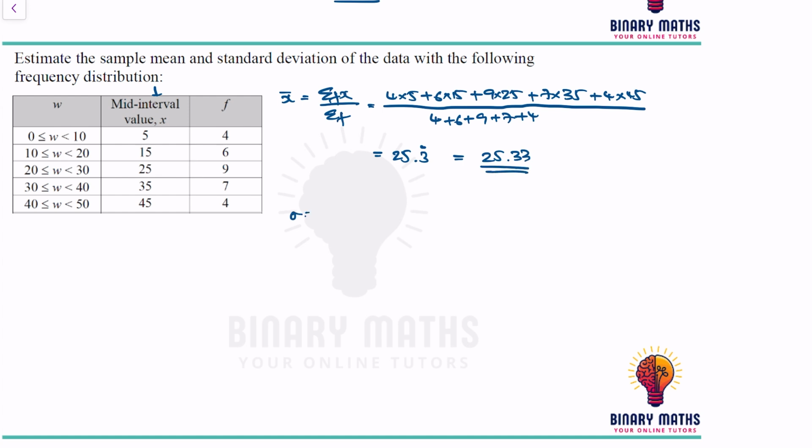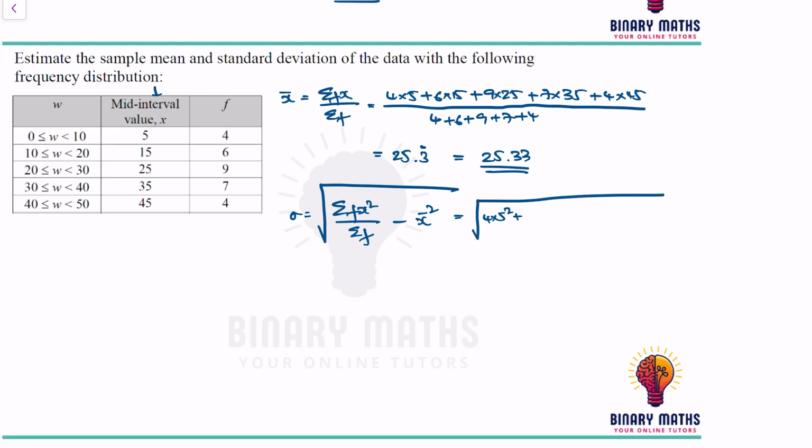Now sigma is equal to the square root of the sum of f x squared over the sum of f, minus x bar all squared, which means it's going to be 4 times 5 squared plus 6 times 15 squared plus 9 times 25 squared plus 7 times 35 squared plus 4 times 45 squared, all over the sum of f, which is 4 plus 6 plus 9 plus 7 plus 4.